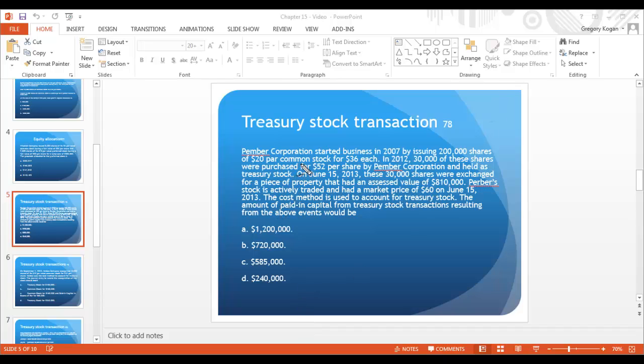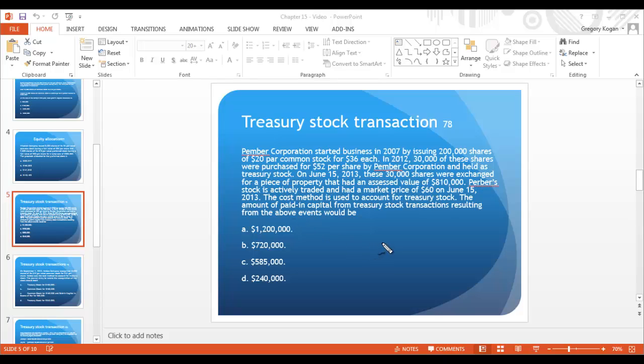Pembroke Corporation started business in 2007 by issuing 200,000 shares of $20 par common stock for 36 bucks each. In 2012, 30,000 of these shares were purchased for 52 per share by Pembroke and held as treasury stock.